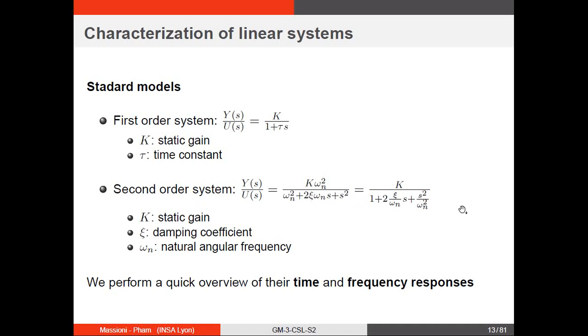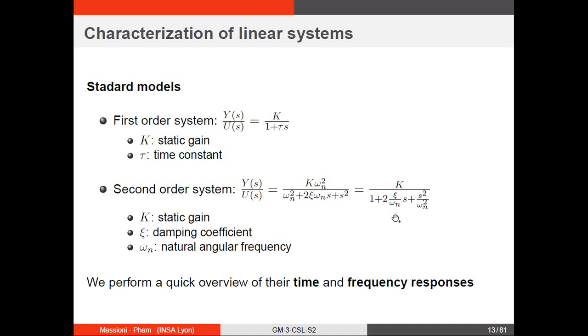For second order systems we have this canonical form. We usually have a static gain, a scalar at the numerator. At the denominator we have a second degree polynomial in s starting with 1 plus. Then these two coefficients are expressed in a strange way.